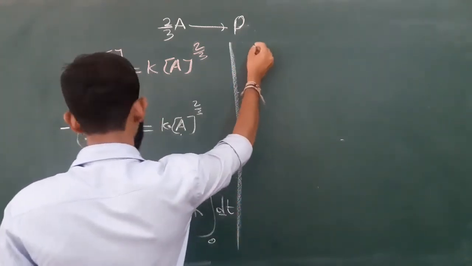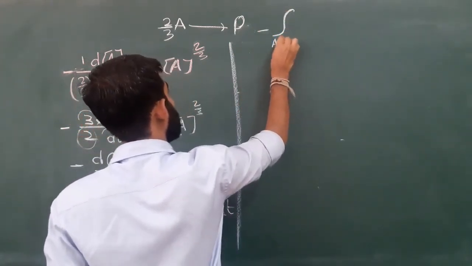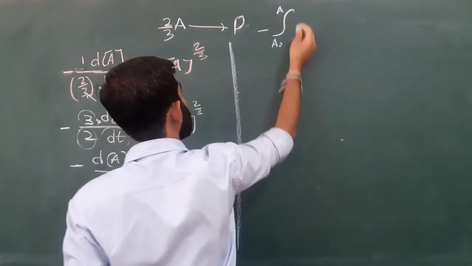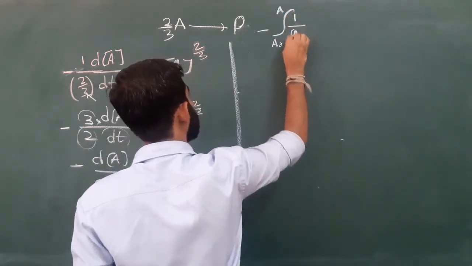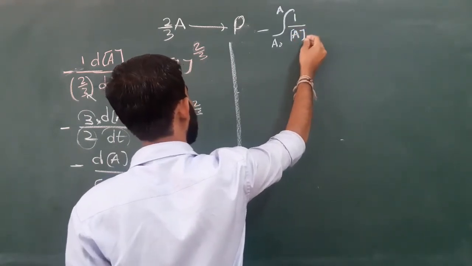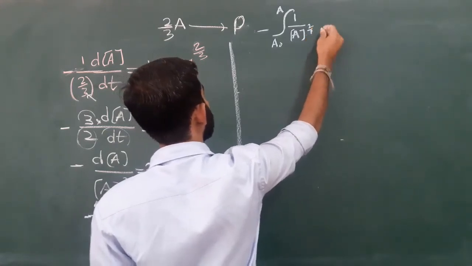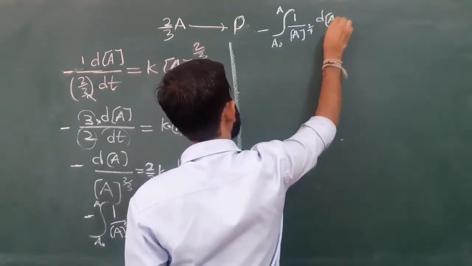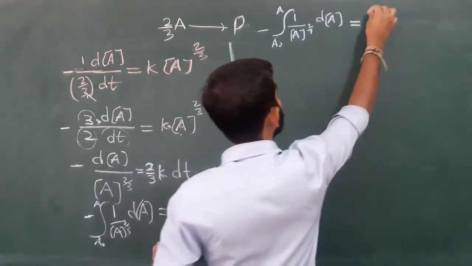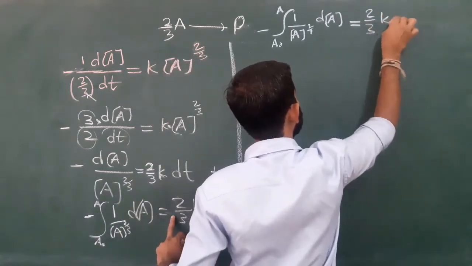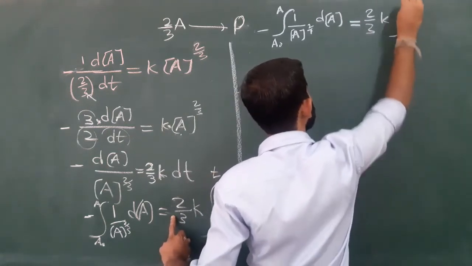I will rewrite that equation here: minus integral A naught to A, 1 over concentration of A to the power 2 over 3 dA is equal to 2 over 3 k, integral dt 0 to t.